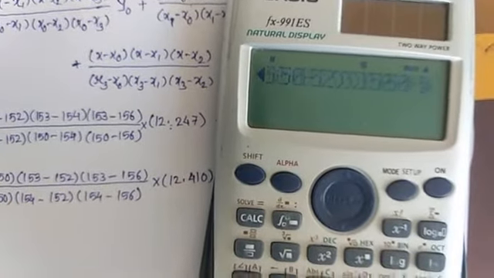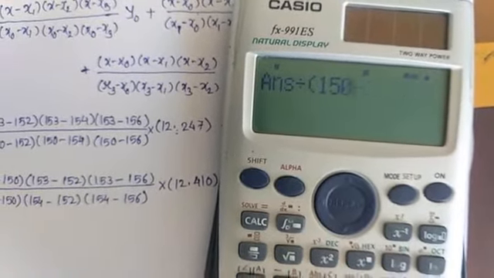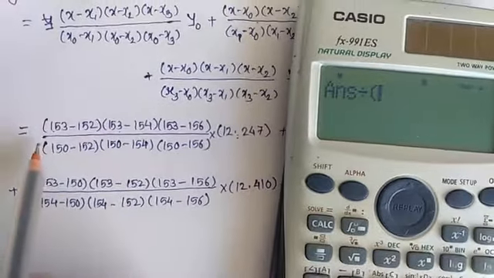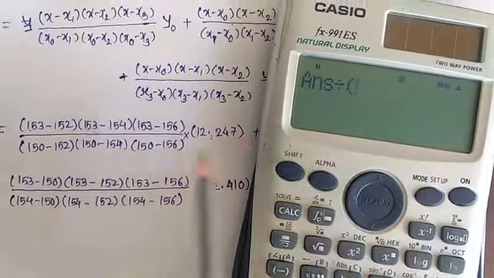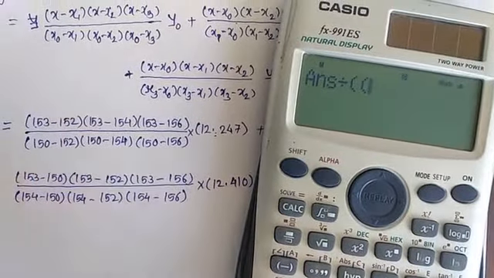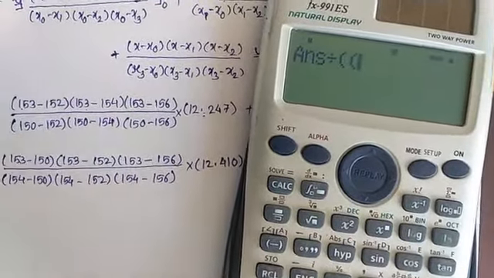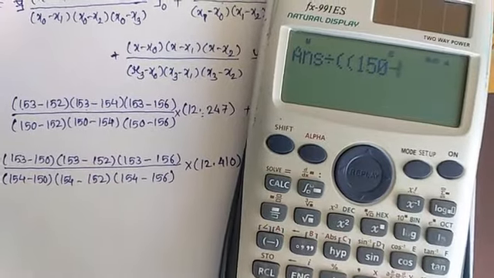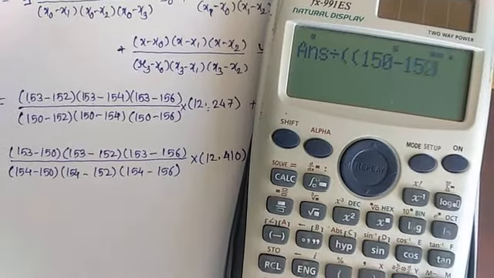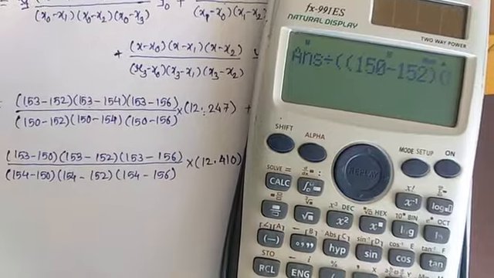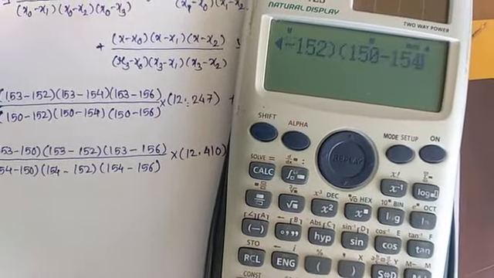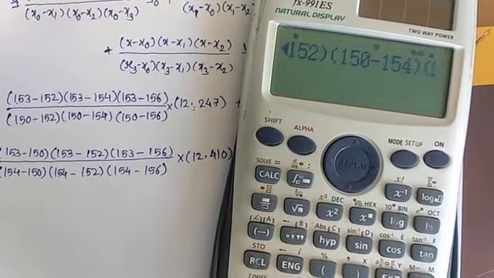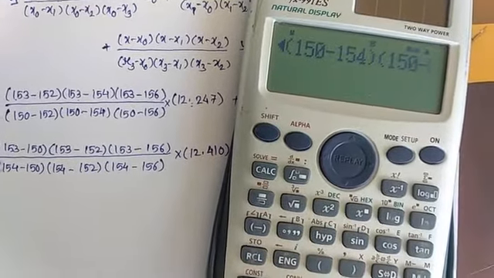So you have to make the calculation in such a manner that our denominator is in one single bracket. I am taking a bracket, and inside it, the first bracket is 150 minus 152, next multiplied by 150 minus 154, multiplied by 150 minus 156.